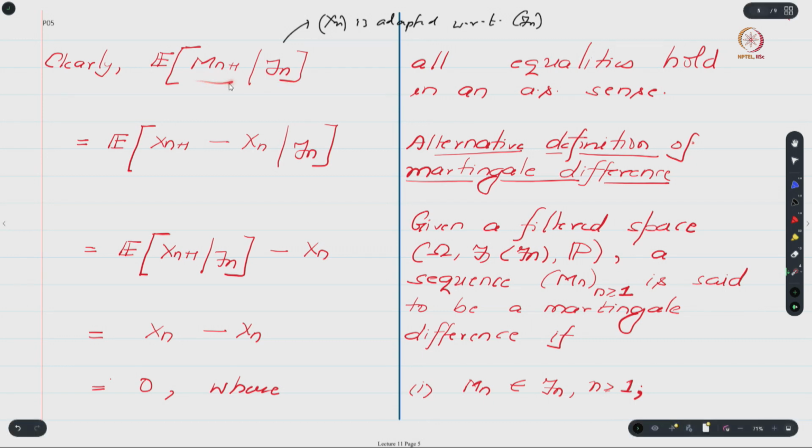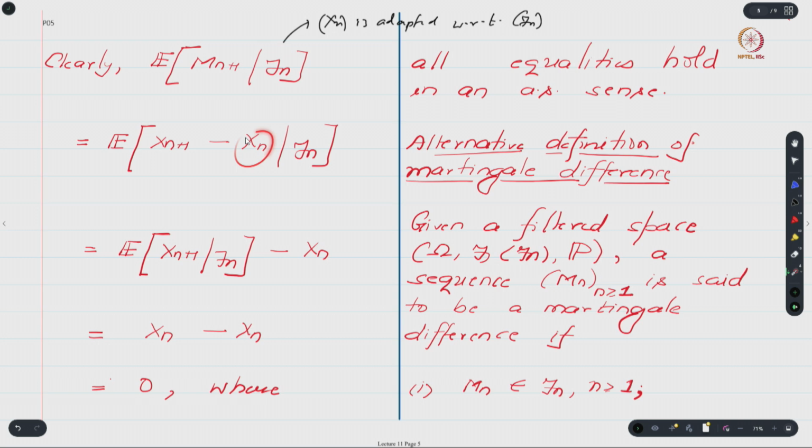From the definition of Mn plus 1 we know that Mn plus 1 equals xn plus 1 minus xn, hence this conditional expectation equals this conditional expectation. Now from the linearity of conditional expectation, this equals the conditional expectation of xn plus 1 given Fn minus the conditional expectation of xn given Fn.